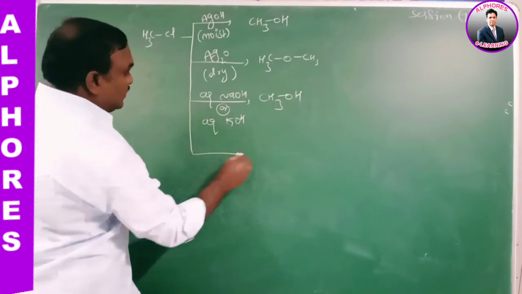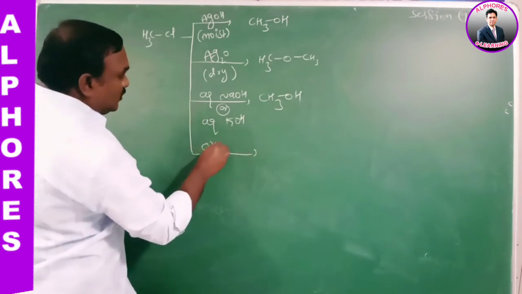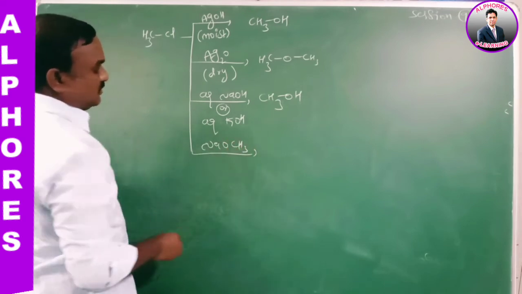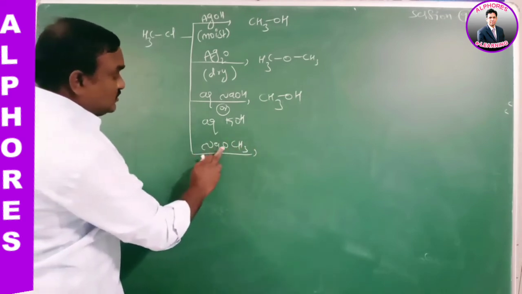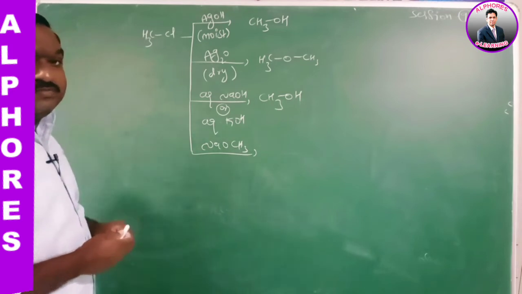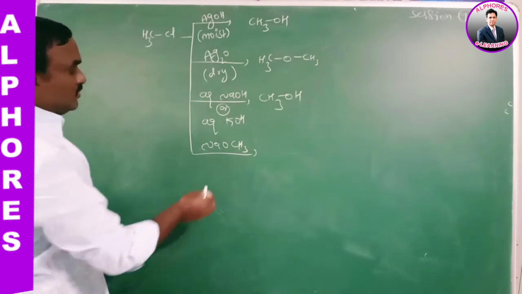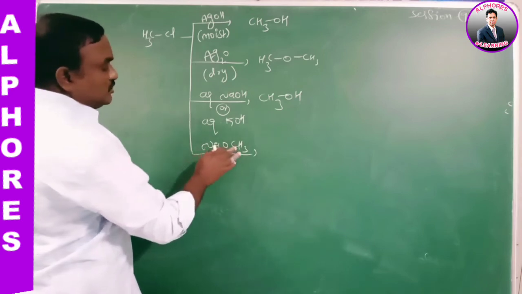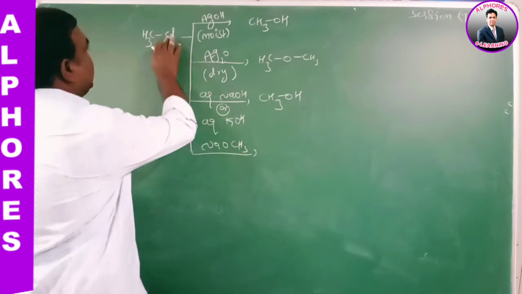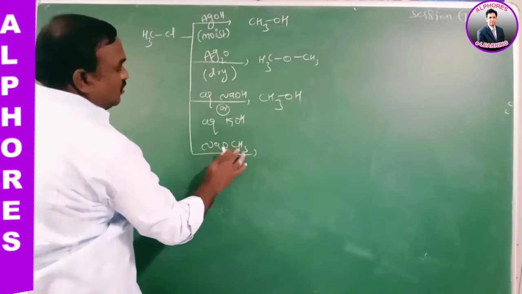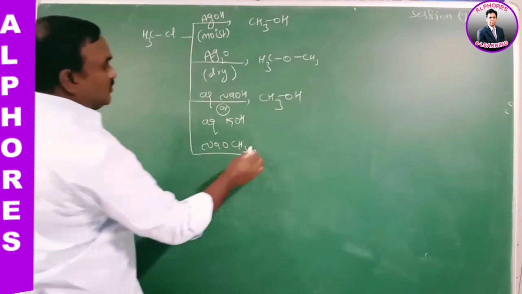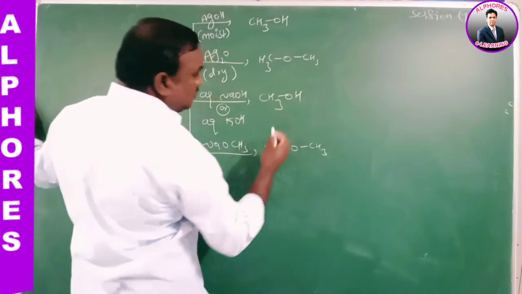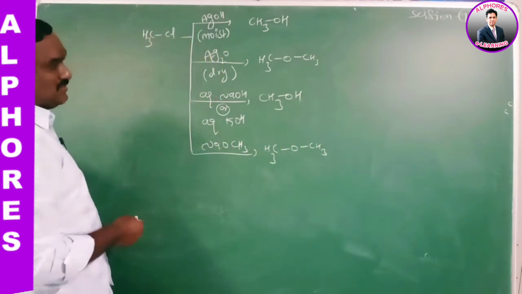For example, here sodium methoxide is given. The reagent is sodium methoxide, which is a nucleophile, CH3O- Na+. Cl- is substituted by OCH3-, and an ether is formed in this case.